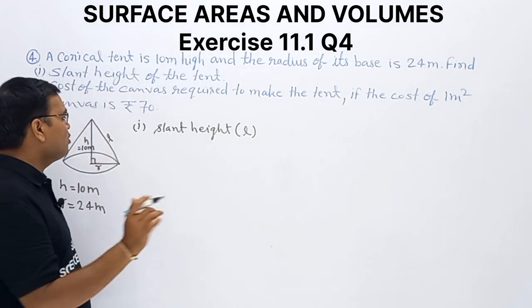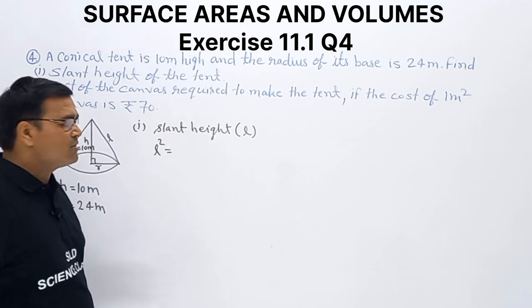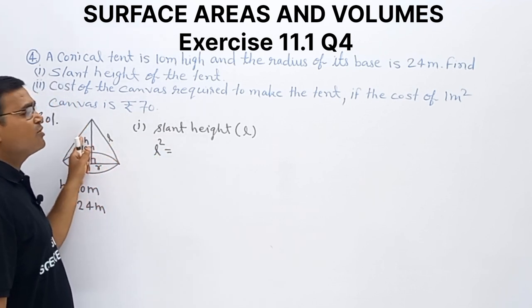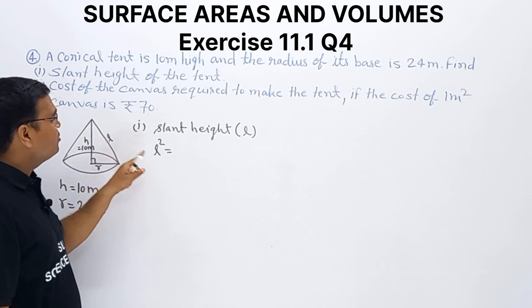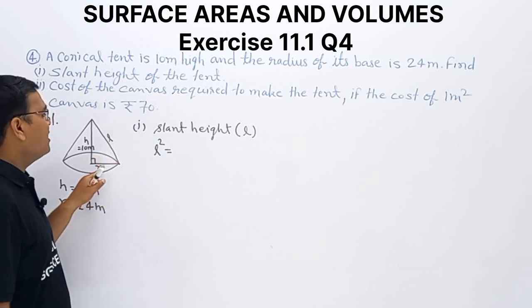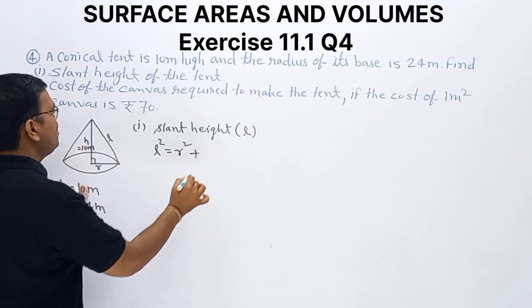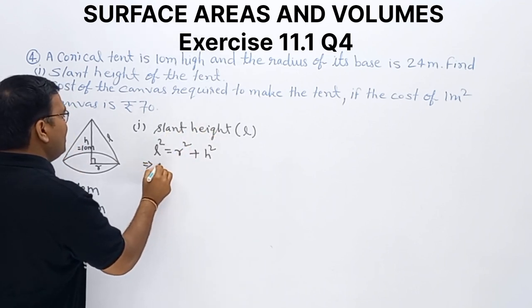By using Pythagoras theorem, we can say L square equal to, what is the Pythagoras theorem? Hypotenuse square will be base square plus perpendicular square. So hypotenuse is L, the slant height, so L square equal to base square, base is the radius, r square, plus perpendicular is the height, h square.